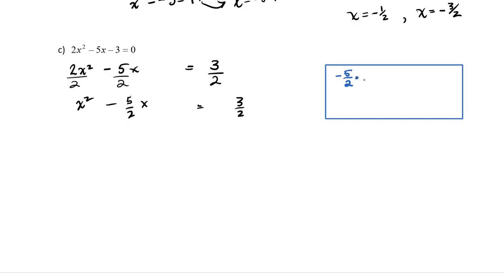So instead of dividing by 2, I'm going to multiply by 1/2, which is equivalent. This will give me -5/4. Whatever I get, I then square. So I have 5/4, and it's negative, squared. This will give me 25/16. This I add to both sides of my equation.